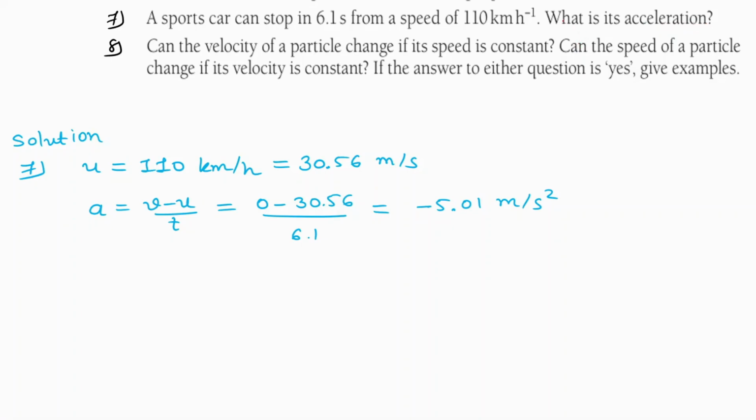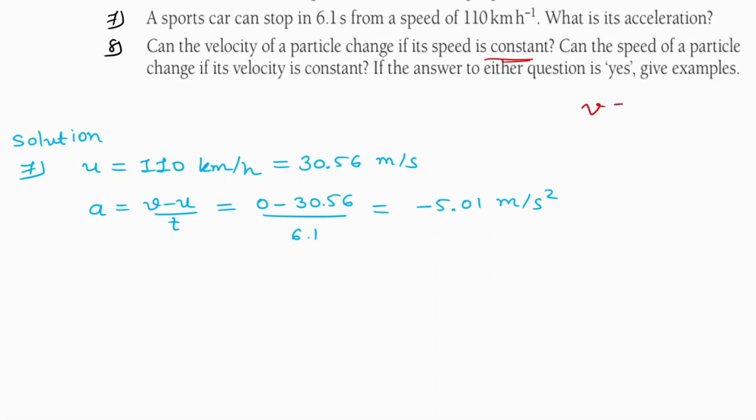Okay. Now question number 8. Can the velocity of a particle change if its speed is constant? Can the speed of a particle change if its velocity is constant? If the answer to either question is yes, give examples. Okay. Now for the first question, can the velocity of the particle change if its speed is constant?